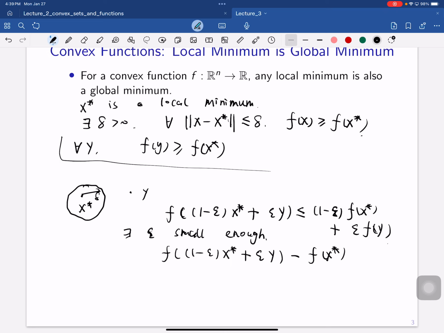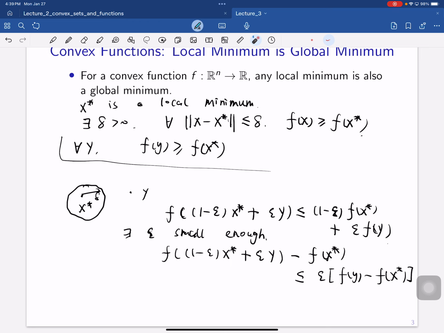So we can subtract f x star on both sides of the inequality, and then on the right-hand side we get epsilon times (f y minus f x star). Right, so here I did nothing but just deduct both sides of the inequality by f x star, right?